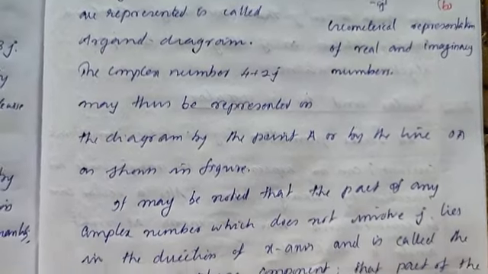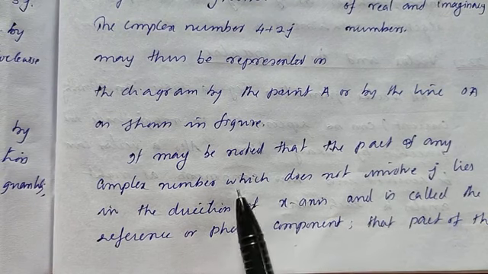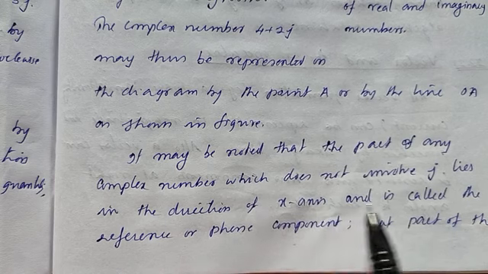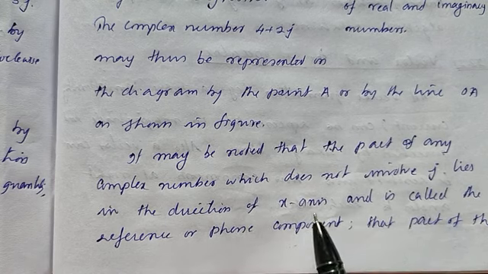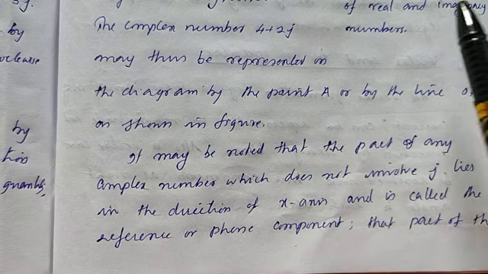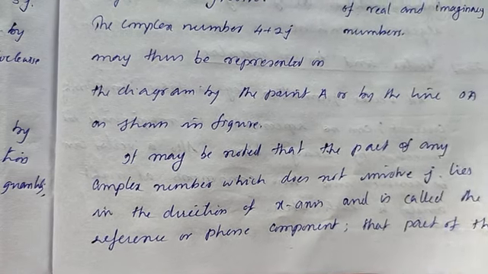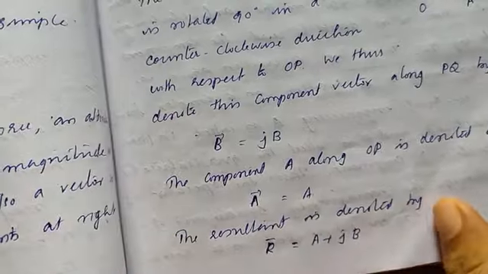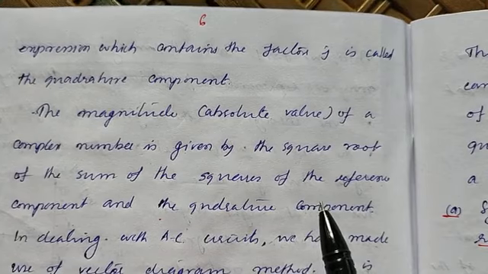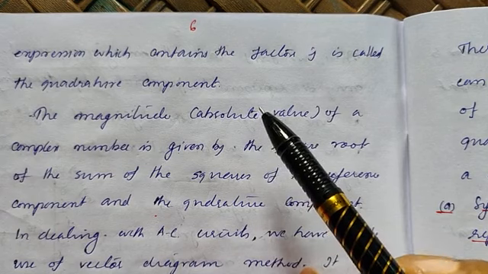It may be noted that the part of any complex number which does not involve j lies in the direction of the x-axis and is called the reference or phase component. The part of the expression which contains the factor j is called the quadrature component.